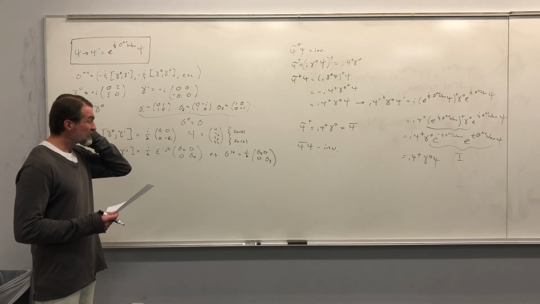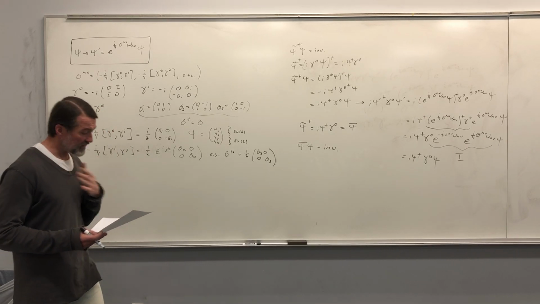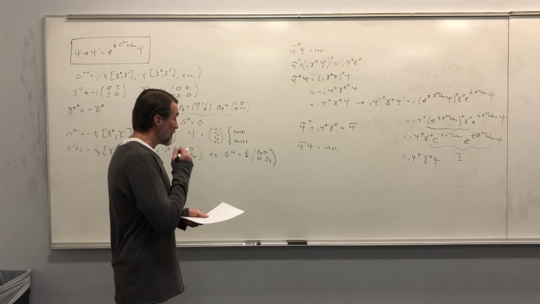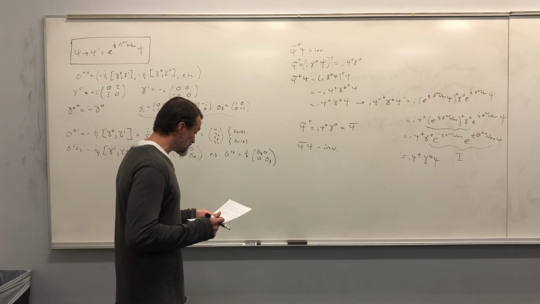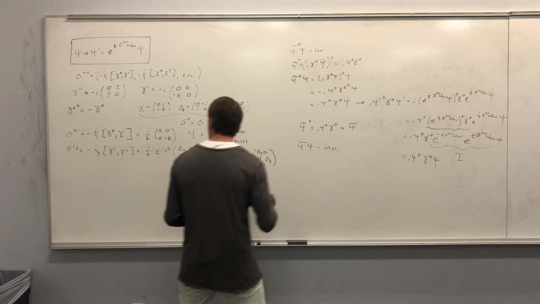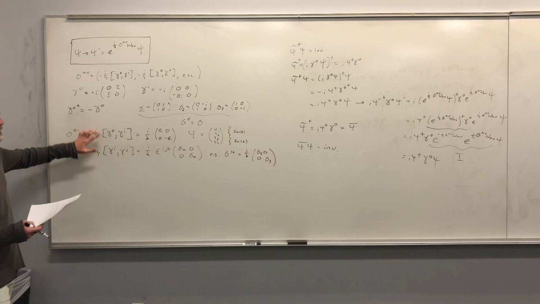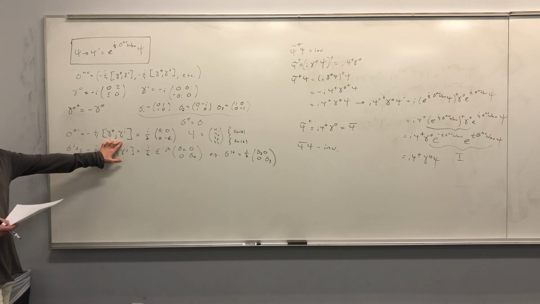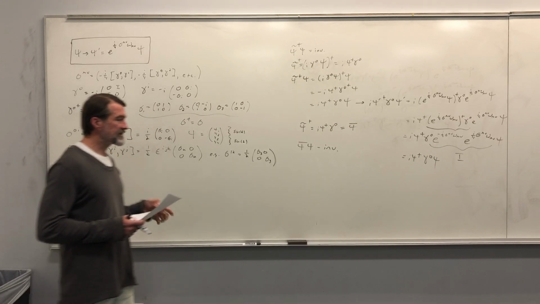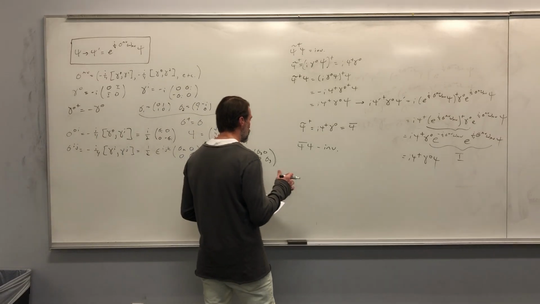But I want to just pause for a moment and have a discussion with you about these gamma matrices. Because the gamma matrices, obviously, play a very important role in constructing these generators. I just want to give you an idea of the role that they play.